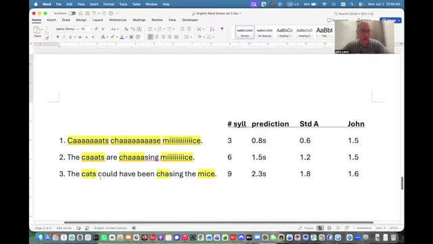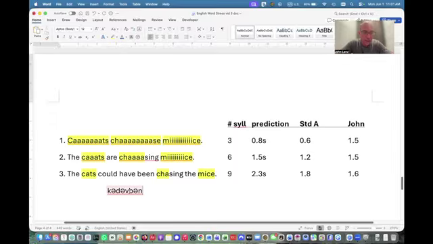That's wild. Okay. We have could have been. Okay, what happens here? So could becomes cud because of schwa. Have becomes uv. So now we have could have, and been becomes bin, could have been, could have been. And even that's a little bit hard.